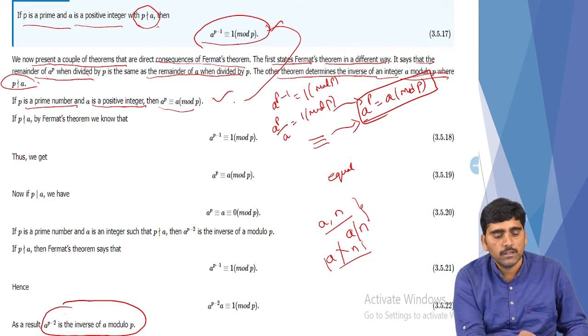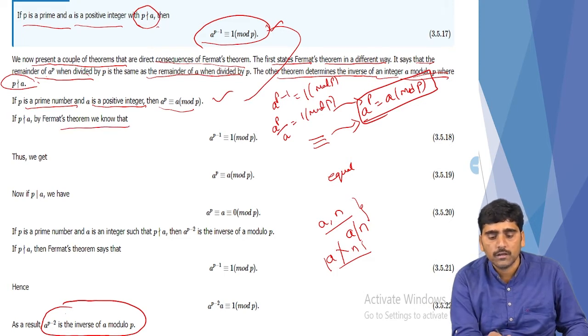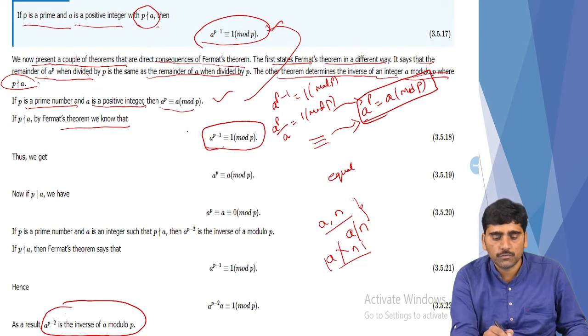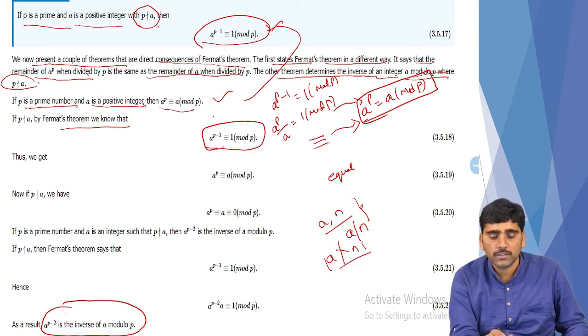Similarly, if p does not divide a, by Fermat's theorem we know that a^(p-1) is congruent to 1 mod p. That is what we stated from the starting point. Thus we get a^p is congruent to a mod p.